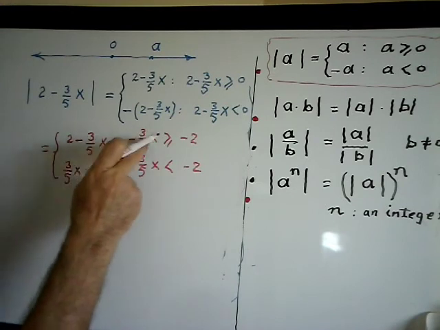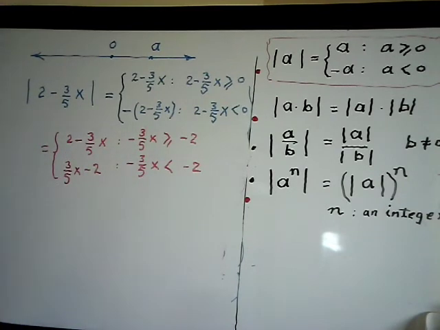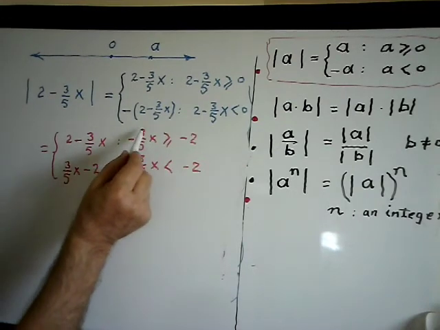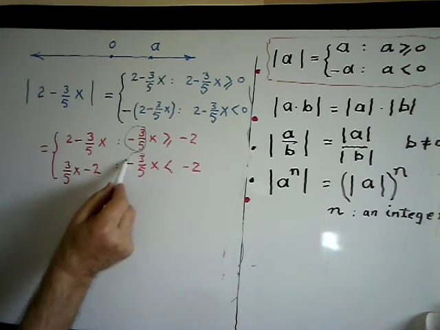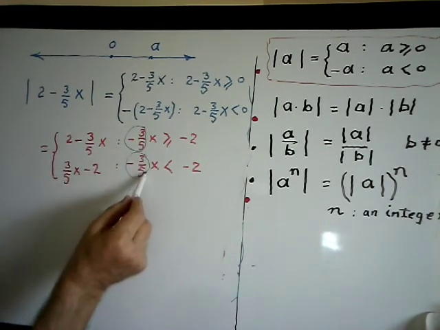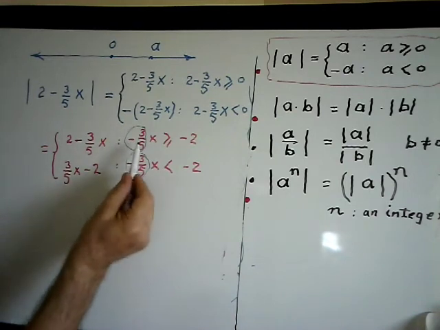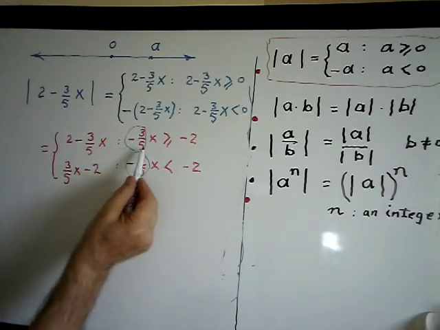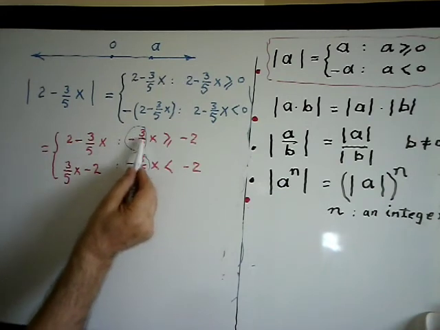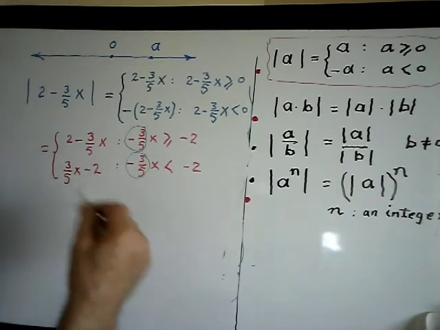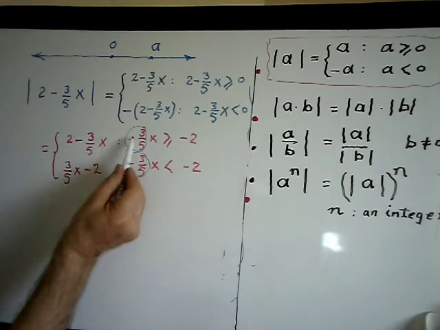Still we need to simplify those to another form. We need to just get rid of this number. You see this number is negative, so we get rid of it by dividing both sides by this number, or by multiplying by the inverse of this number.